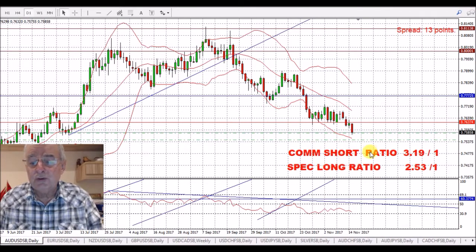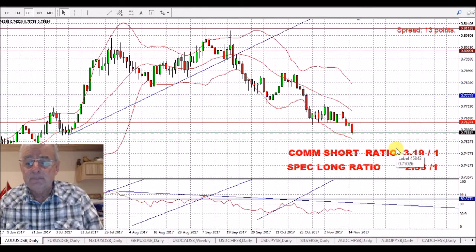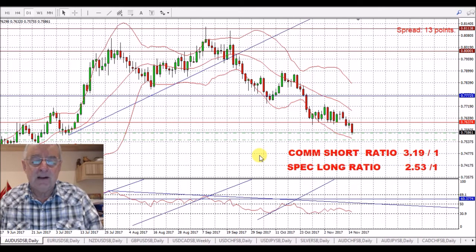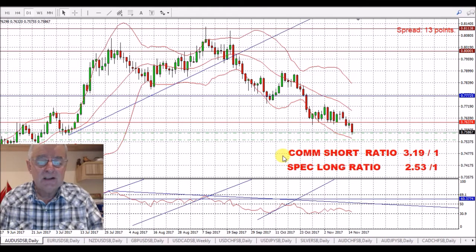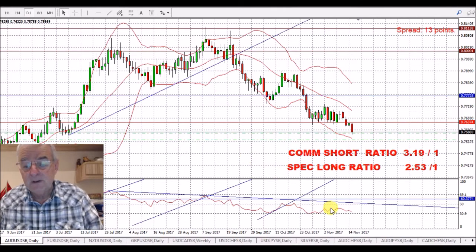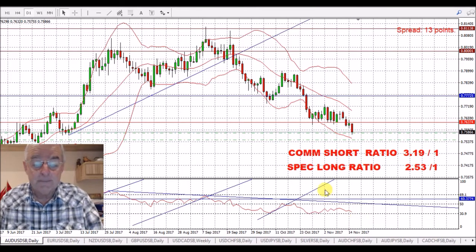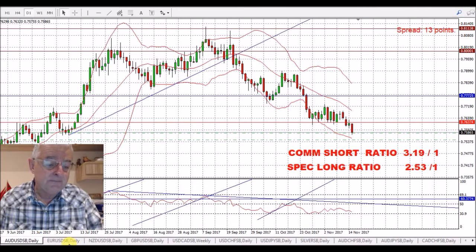The commercial short ratio on this is 3.19, which is a bit reduced from last week. So we'll see how that goes. I'm still bearish on the Australian dollar, a commodity currency, and I'm bullish on the US dollar. We're well below the 50 on the RSI, coming down towards the 30.9, and we're pointing down. So we'll see how that goes.